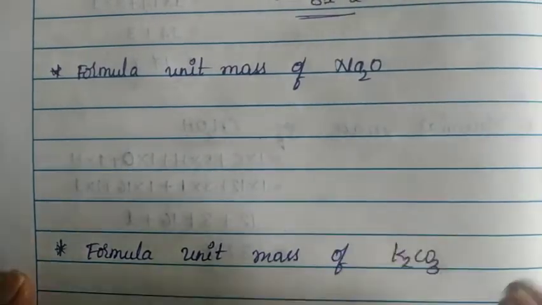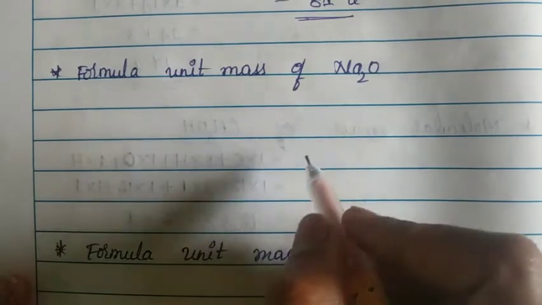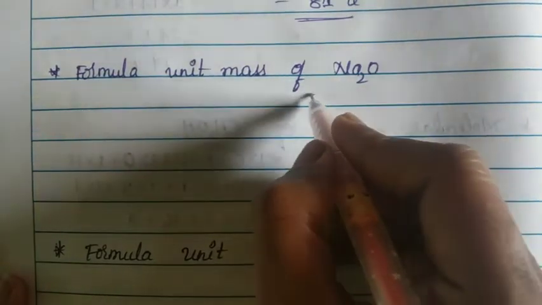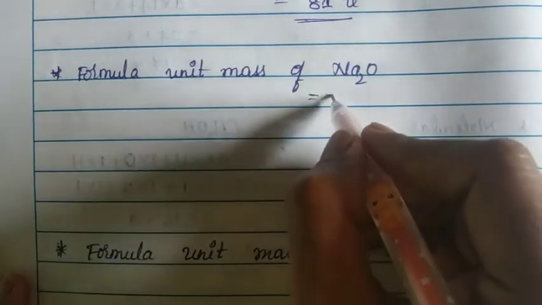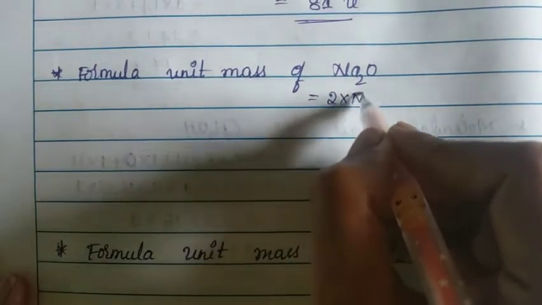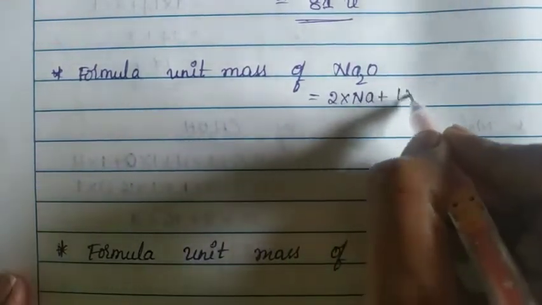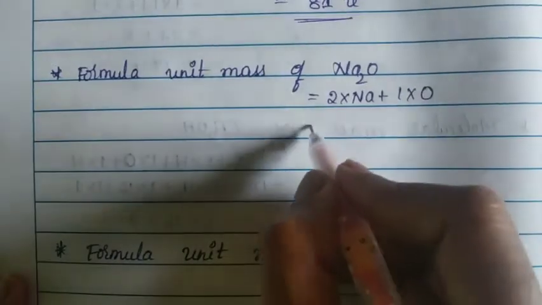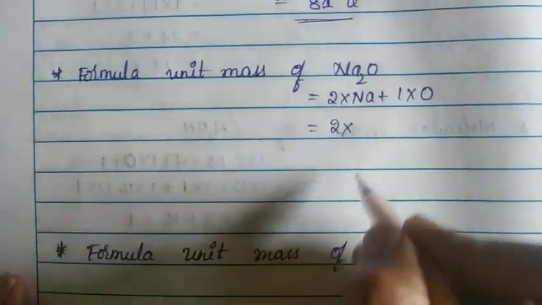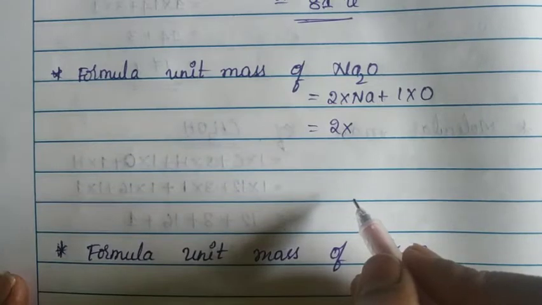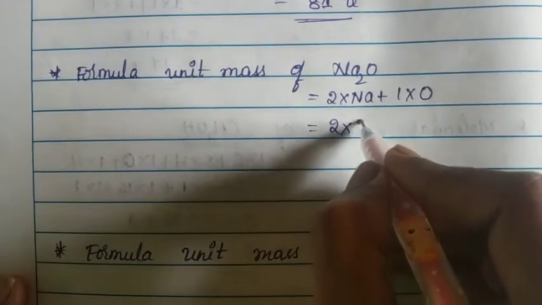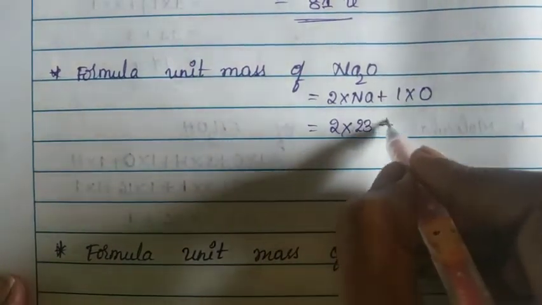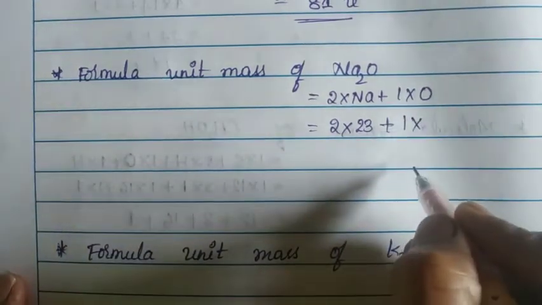Yes children, now come to sodium oxide. Yes, look here. This chemical symbol indicates it contains 2 atoms of sodium plus 1 atom of oxygen. Now 2 into sodium is having how much atomic mass? Yes, 23. Plus oxygen is having how much?